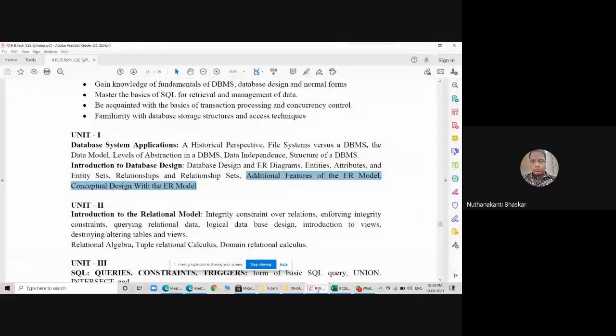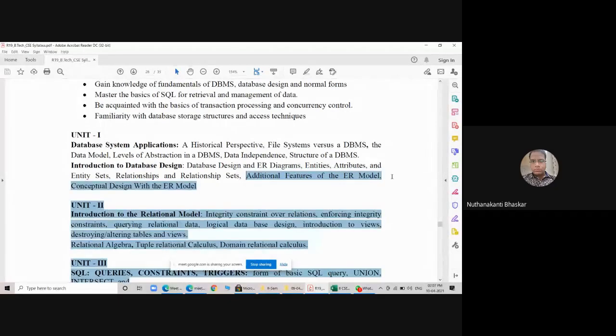Okay, just simple. When we are going to design the ER model, we have to add all the features. Today we learned so many features: what is an entity, what is an attribute, what is an entity set, what are relationships and their types. And now I am going to discuss additional features of the ER model.